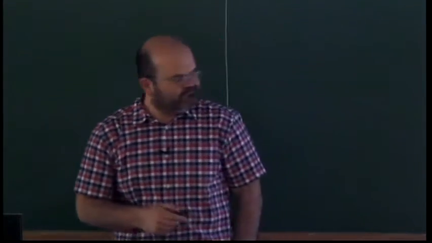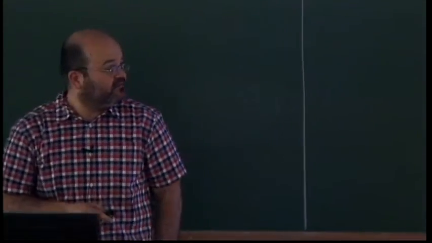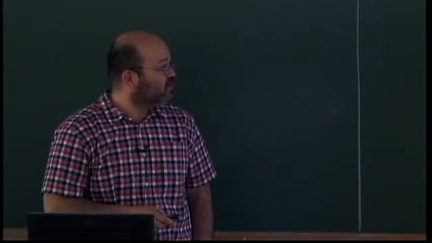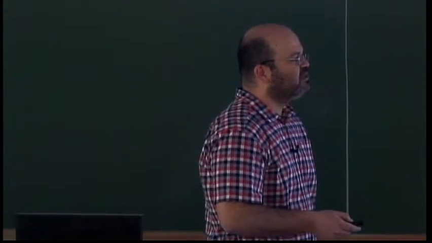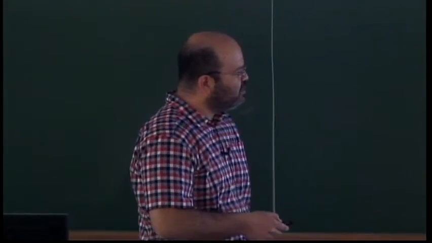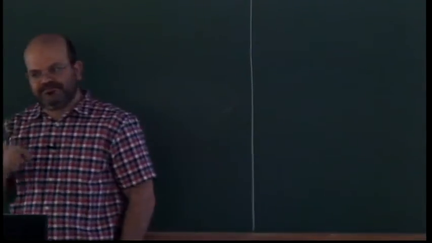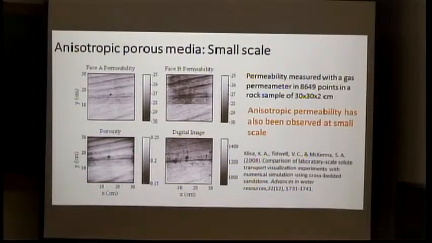However, recently, some people have looked at very detailed experiments. This is a sample of rock. Here you have the dimension. This is 30 by 30 centimeters by 2 centimeters thick. And they did some very detailed experiments. They used a gas permeameter and sampled almost 9,000 points in this area, looking at the values of permeability.